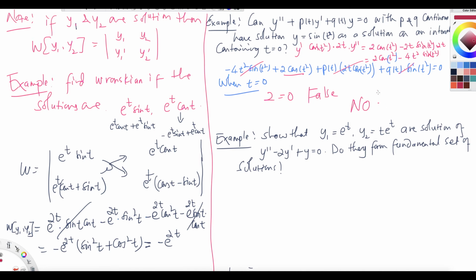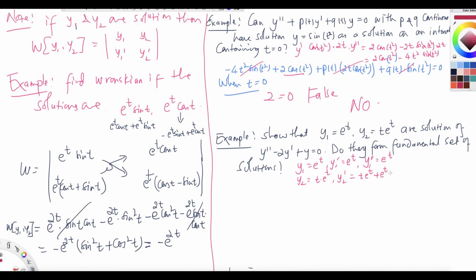So for y1 equals e to the t, y1 prime will be e to the t as well, and y1 double prime is e to the t as well. So what is y2? y2 is t times e to the t, right? What is y2 prime? It is the product rule, so t e to the t plus just e to the t. That is the product rule.